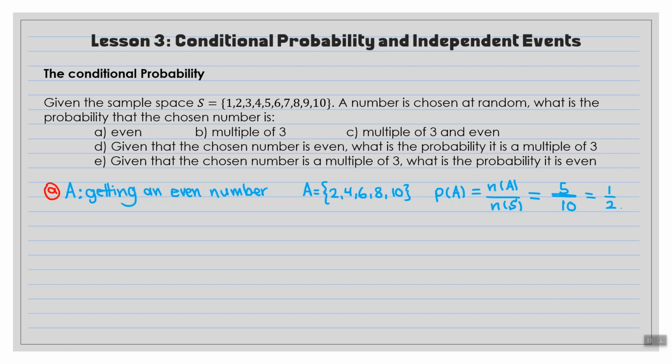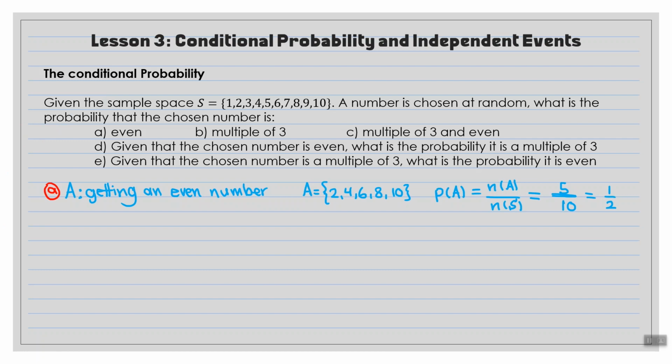So we can say that there is a half chance, or 50% chance, of getting an even number when you choose a number at random. So you just put the numbers in front of you, close your eyes, put your finger somewhere on one of the numbers. Now there is a 50% chance that the number that you have put your finger on is an even number. Okay? Let's check the second part.